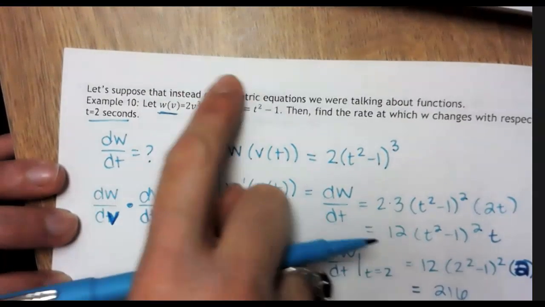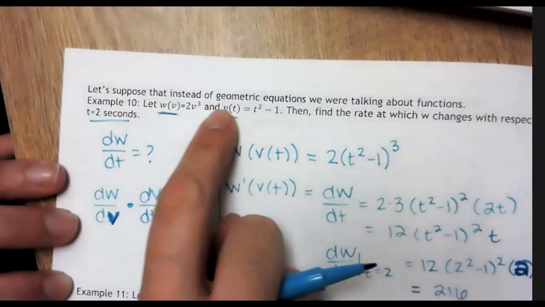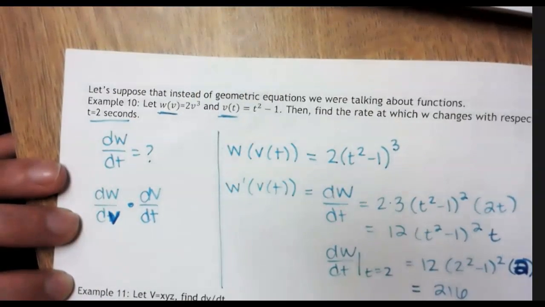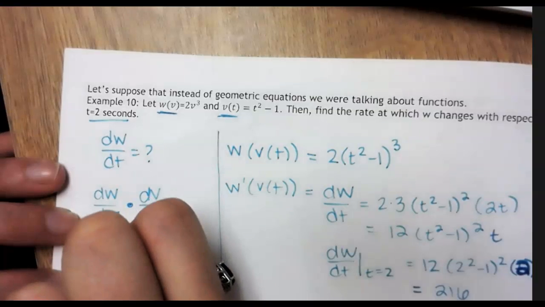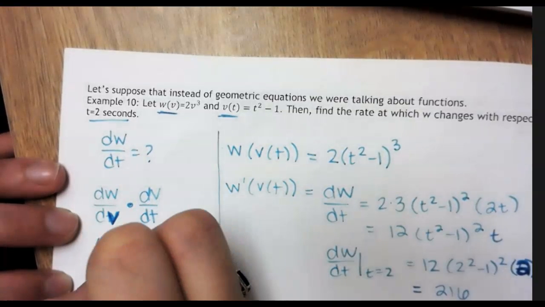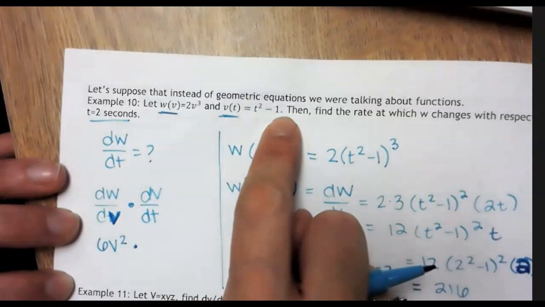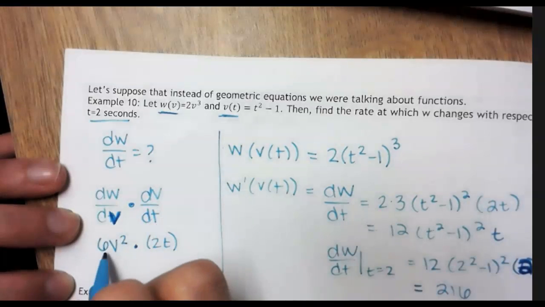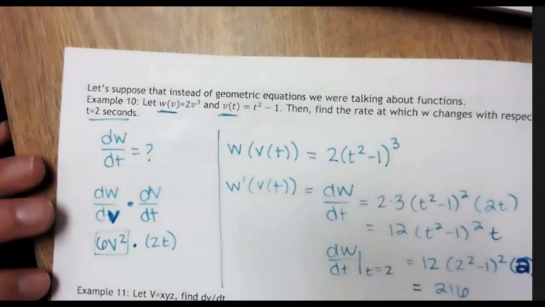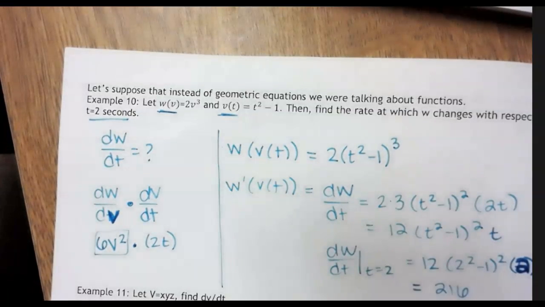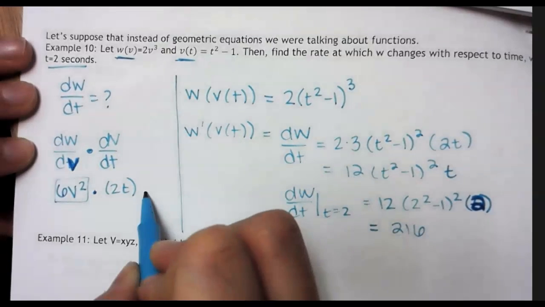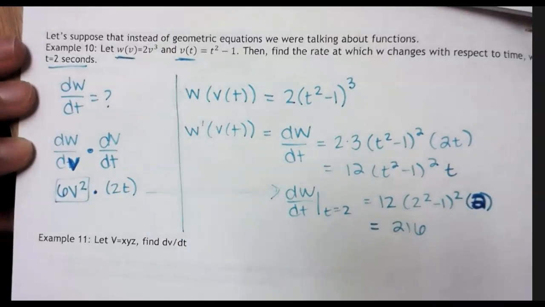So another option would have been to multiply the derivative of w of v, which would have been 2 times 3, or 6v squared, times the derivative of v of t, which would have been 2t, and then you would still have had to plug into 6v squared our v value, which is t squared minus 1, and you could see how that would again ultimately get you to that line over there.